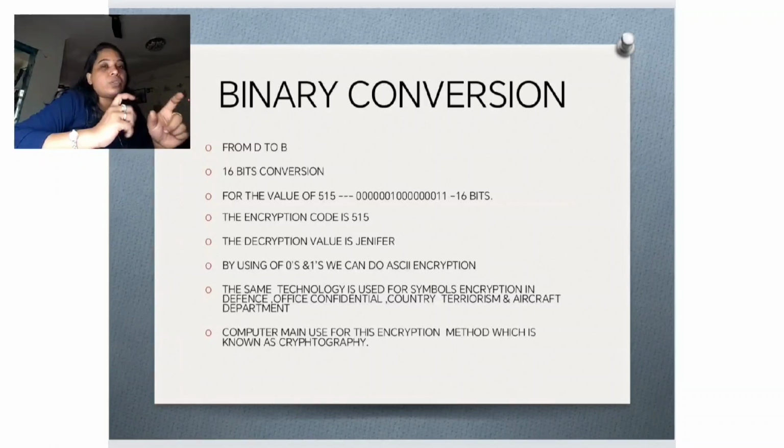So this is the methodology for all the confidential official departments all over the world, especially military, aircraft, and terrorist gangs. They are using this type of technology. That's the reason we are applying this, and we should know what encrypt and decrypt methodology is.